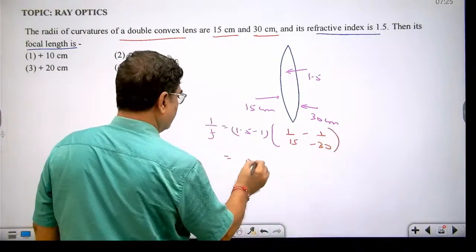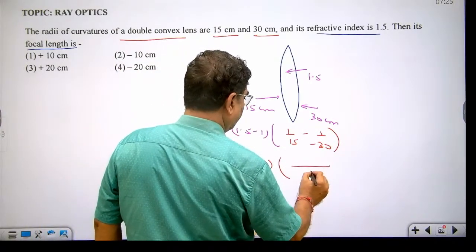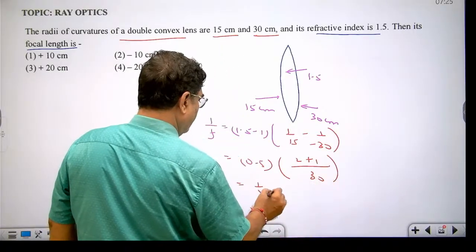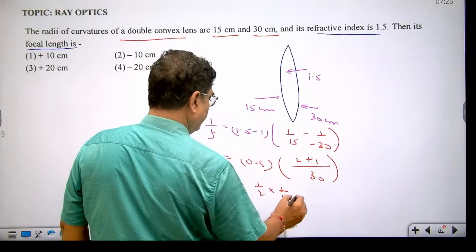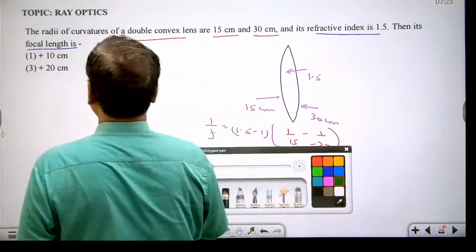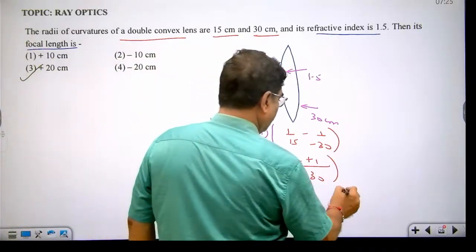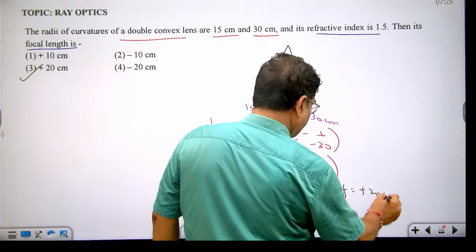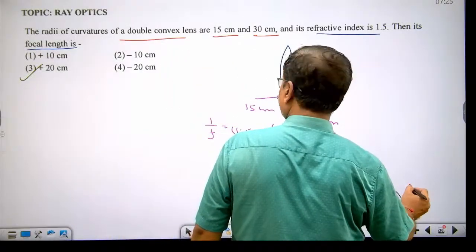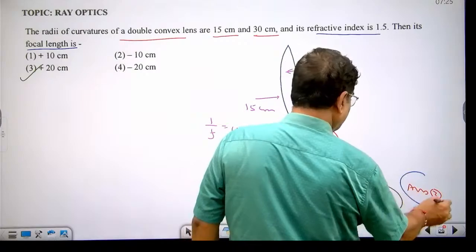So here this is 0.5, this is 30, this is 2 plus 1. So 1 upon 2 into 1 upon 10. This is 1 upon 20. Okay. So the answer to the given question is plus 20. So f will come plus 20 centimeter. So out of 4 choices, the correct choice is option 3. Option 3 is the correct answer.